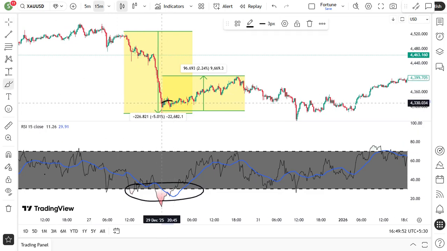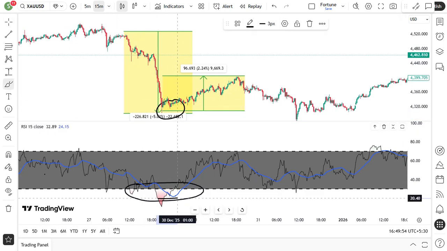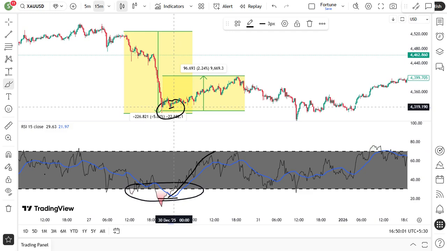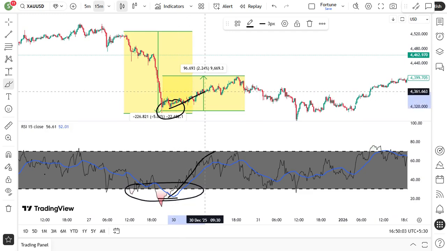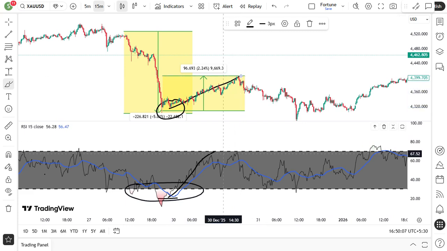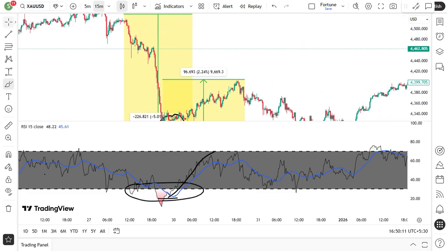Suppose you entered at this particular point, you can see the price reach up to around 69 as per the RSI. And here we have seen prices move from 4320 to almost 4400. It means a $96, almost $100, movement we could have captured from here.